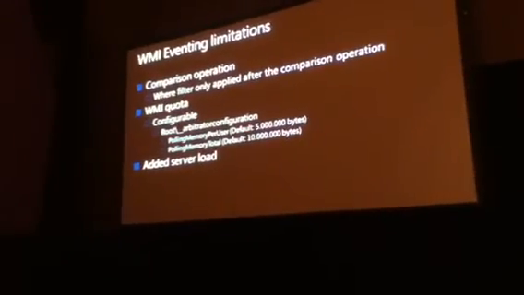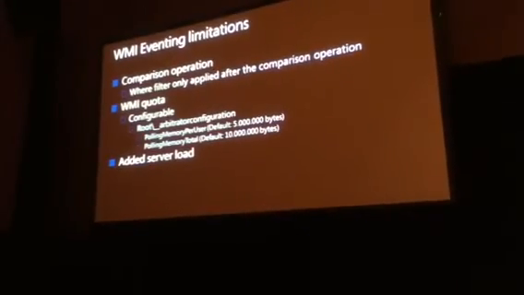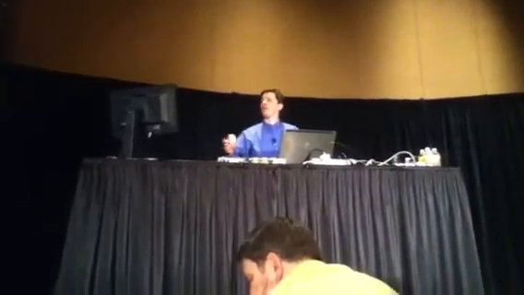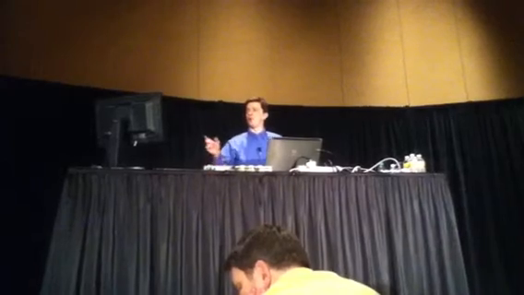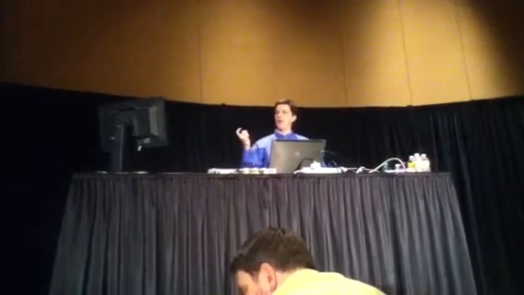On the other hand, there's the polling memory total, so if you have multiple event queries running at the same time, you cannot overshoot 10 megabytes by default. Both of these are configurable in root, ArbitratorConfig, and there you have polling memory per user and polling memory per total.